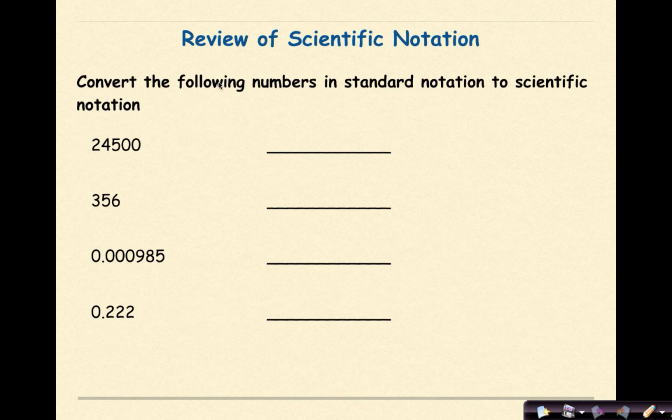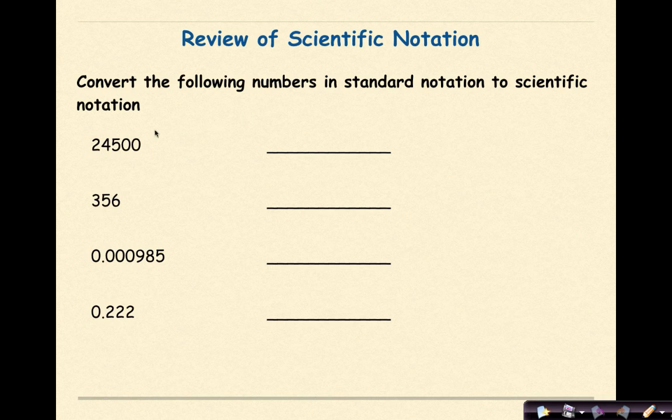So we're going to convert the following numbers in standard notation into scientific notation. Now, what do we mean by standard notation? That means basically there is no times 10 to these, there's no little e's, they're just in their full form. So if I was to take this first one, it's 24,500.